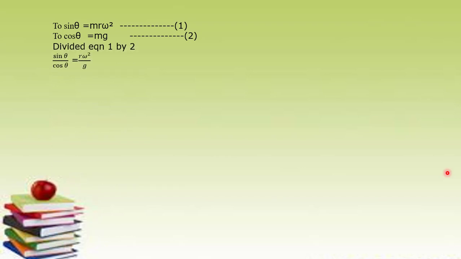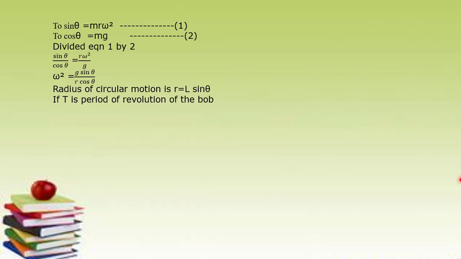Dividing equation 1 by 2, we get sin theta upon cos theta, T is cancelled and m is also cancelled, equal to r omega square upon g. Next, omega square equals g r sin theta upon r cos theta, where the radius of circular motion is r equal to L sin theta.